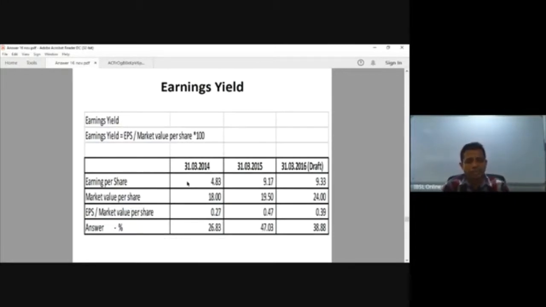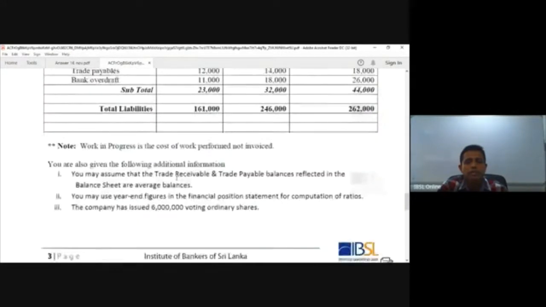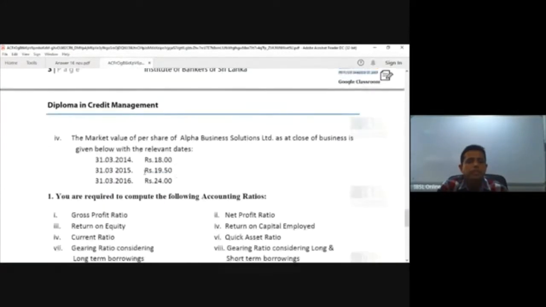Then the next one is earnings yield. How do you calculate it? You have to take the market value into account. Take the earning per share, divided by market value per share. It is given in the exam question. Market values of shares they have given here: 2014, 18 rupees; 2015, 19.5; 2016, 24 rupees.